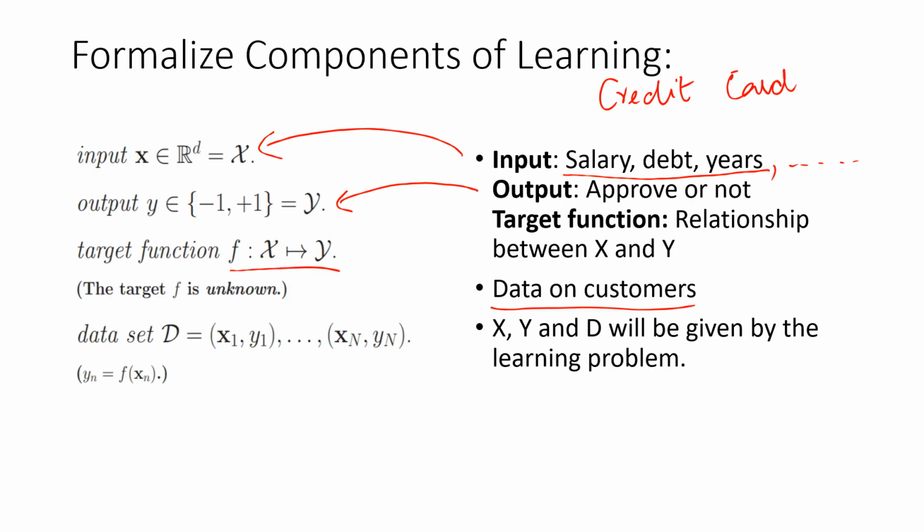Okay, so let's begin. I have this input X that I just talked about, right? This X represents a customer, and in the very first lecture, we said that this is nothing but a vector of attributes, right? So as I said in the previous slide, this is my attribute number 1, attribute number 2, attribute number 3, and so on.